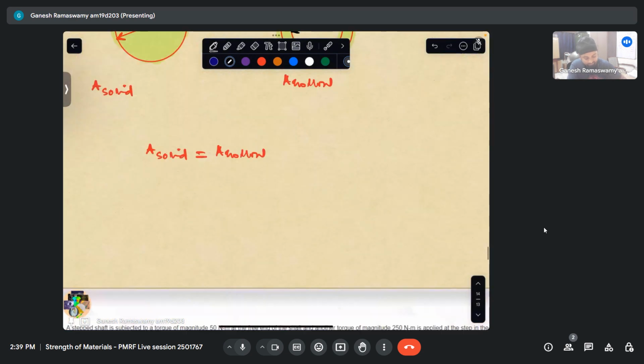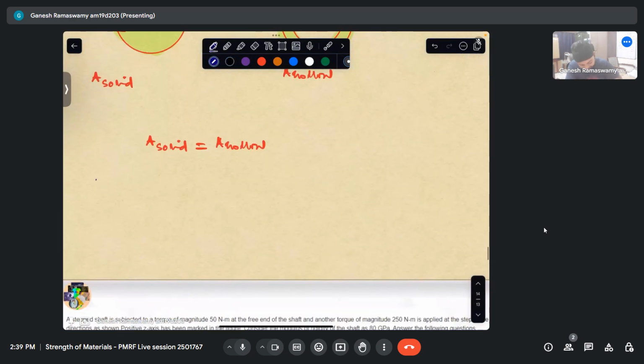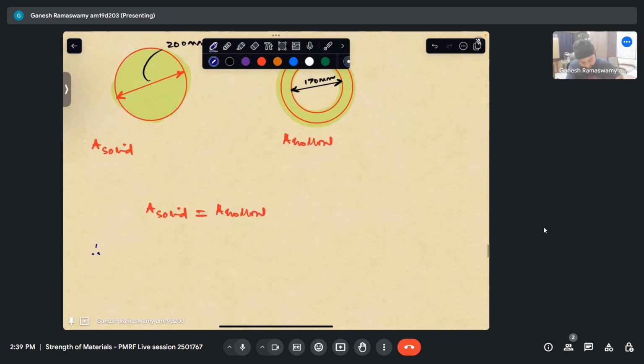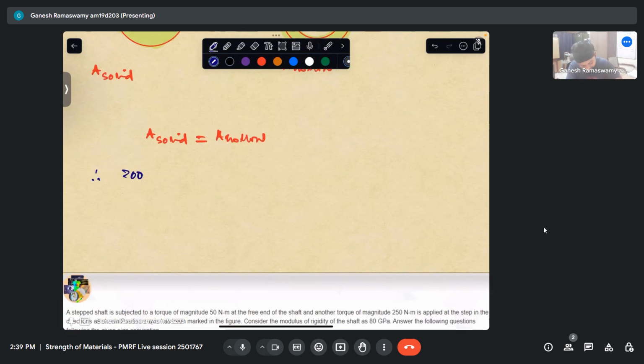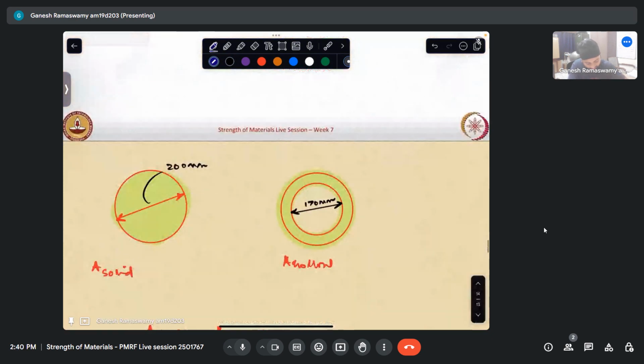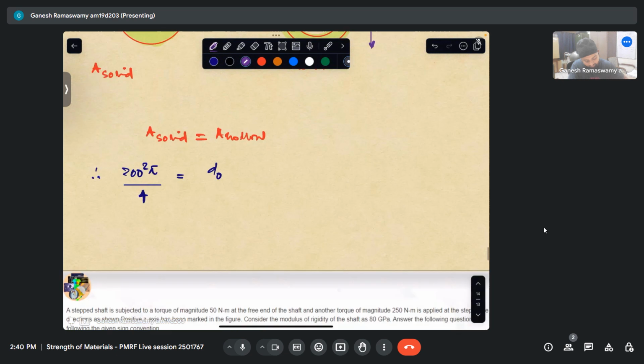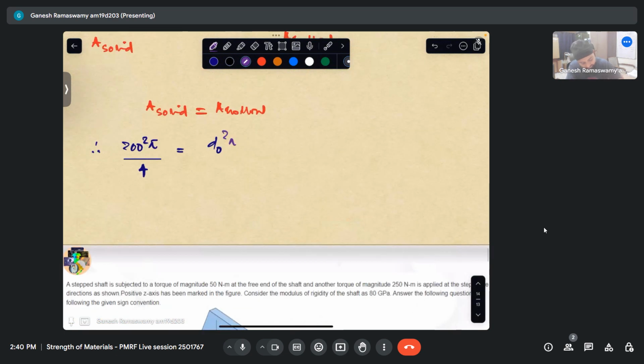So therefore, we know that this is 200 squared pi by 4 is equal to d outer. Let me call this d outer. So d outer squared pi by 4 minus d inner is 170.